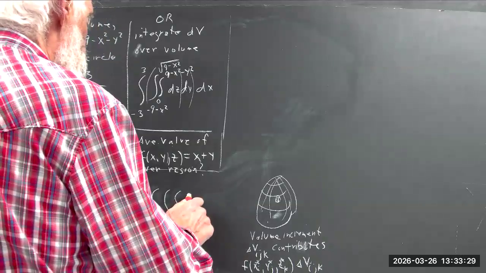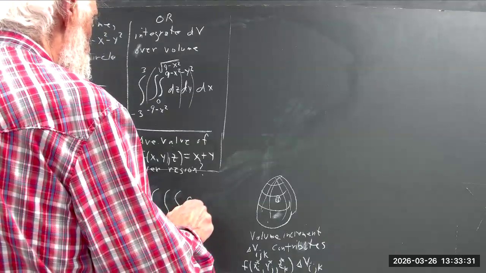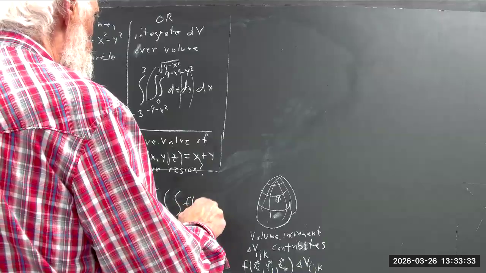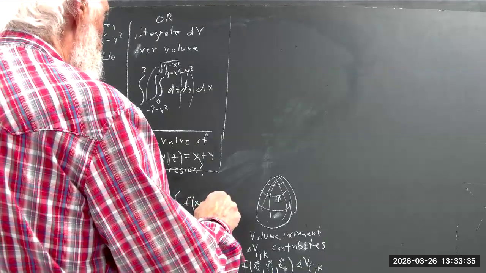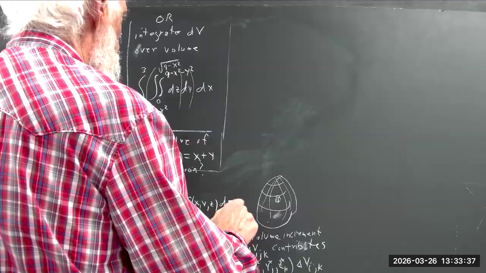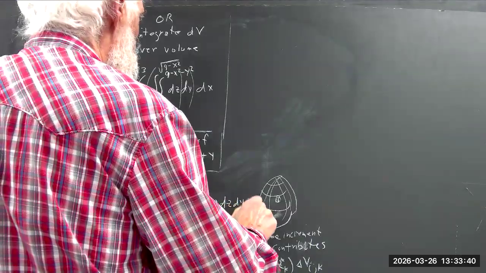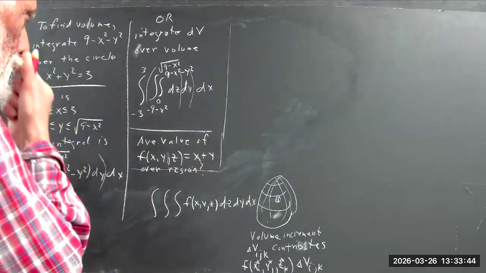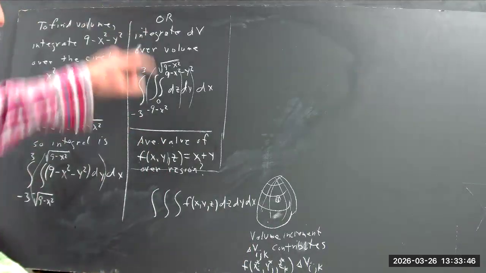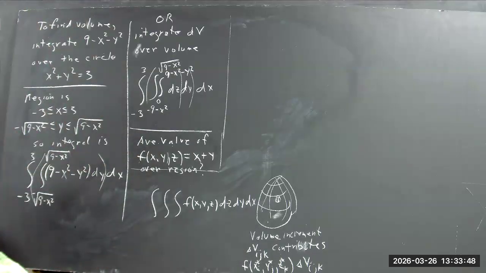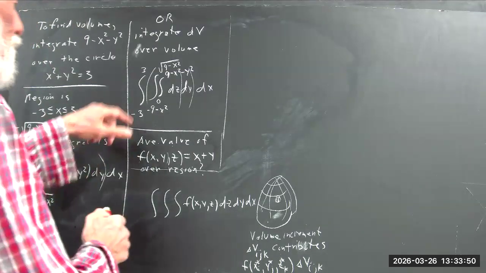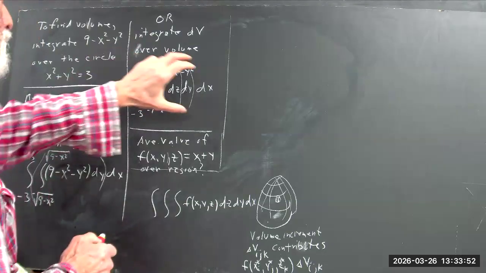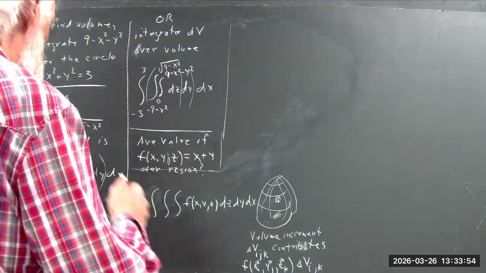Because of this, without going through all the formalities, right there's your integral. It's over this region, and this region's already been described in inequalities. So it has the same limits that this one does. This is a volume integral.